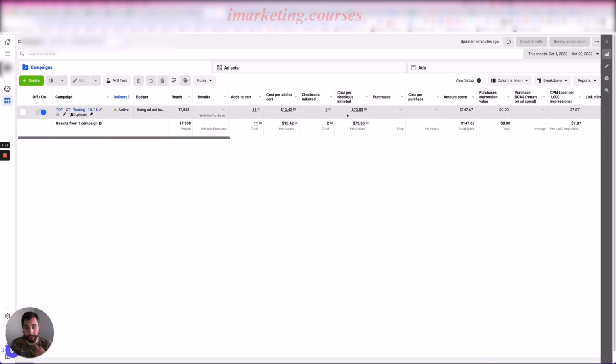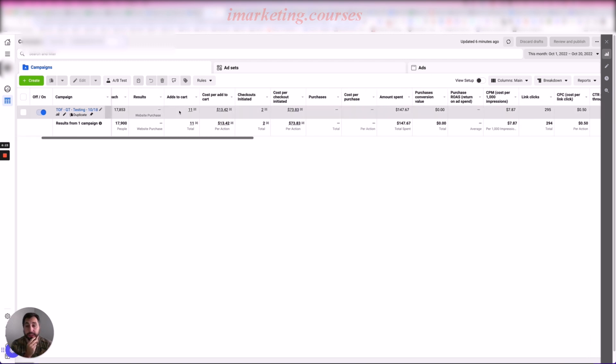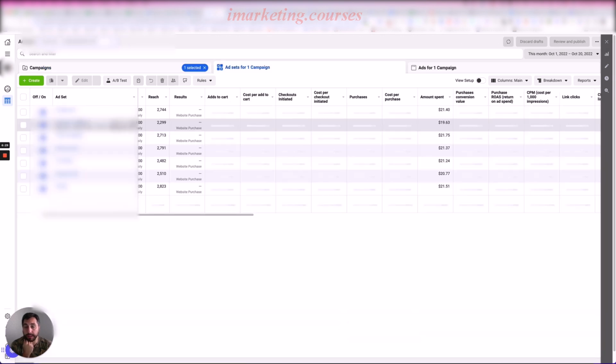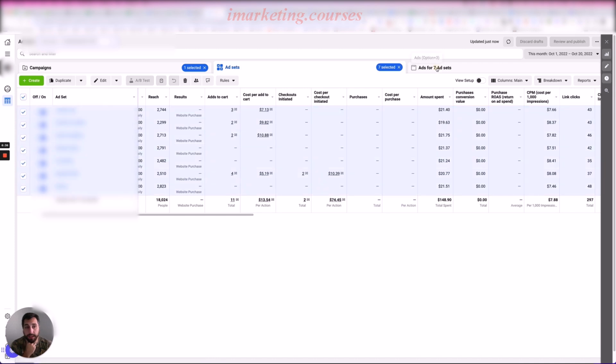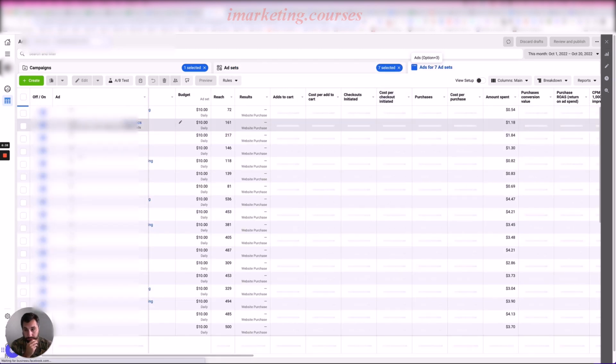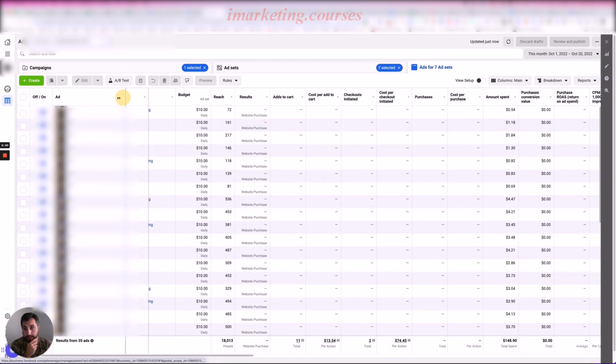I'm looking at the front end, which is our ad side, right? So basically, I'm seeing how many add to carts are coming in. Let's click into this and see how many ad sets we have. Okay, so we have 7 ad sets in here. Now, let's look at these at the ad level so we can get the best look at the data.